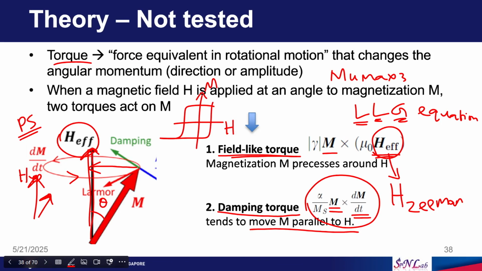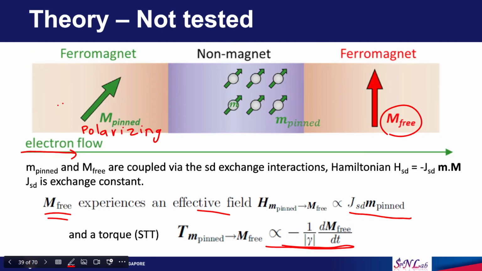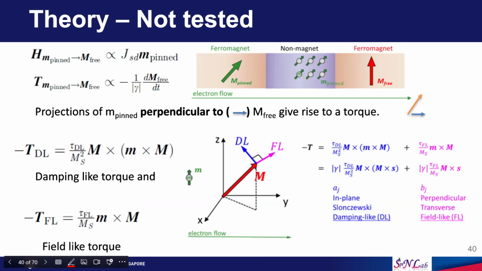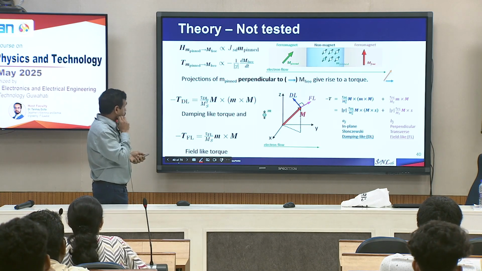But when you are simulating spin transfer torque, in that case you have to include these few terms, coming from the transfer of these electrons to the other side and the torque these spins exert on the free layer and so on. These are the terms that people use in the energy equation to study the spin transfer torque.